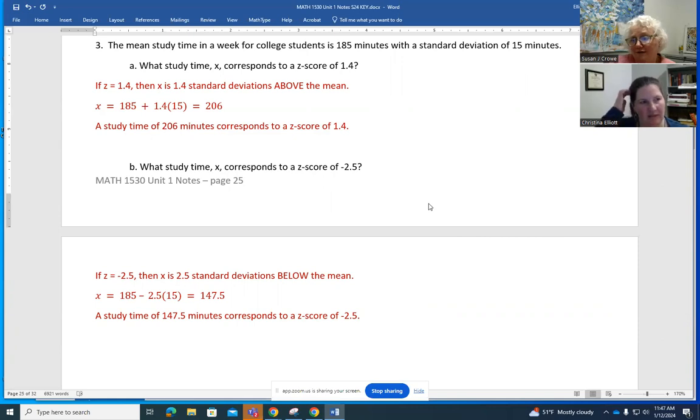The mean study time in a week for college students is 185 minutes with a standard deviation of 15 minutes.